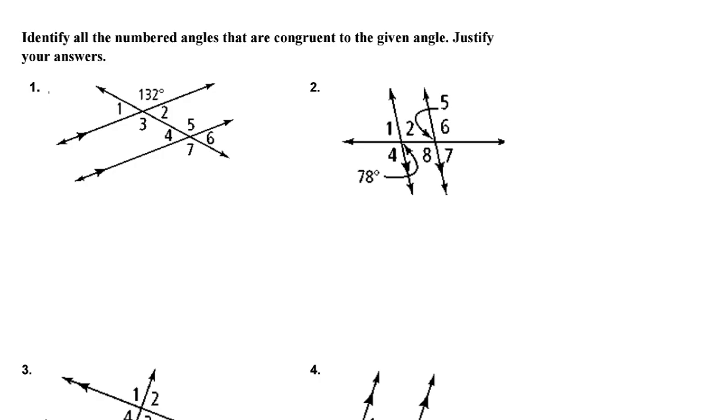And we know that angle 5 is equal to 78. And what's the reason? Your alternate interior angle theorem.